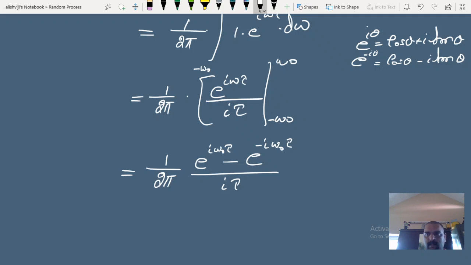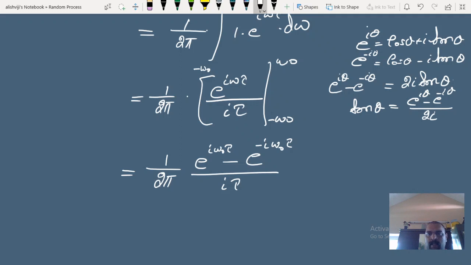So if you consider e raised I theta minus e raised minus I theta, it is equal to 2I sin theta. Or in other words, sin theta is equal to e raised I theta minus e raised minus I theta divided by 2I. I think you have already studied this expression in your complex analysis classes. And anyhow, this is a definition for sin theta.